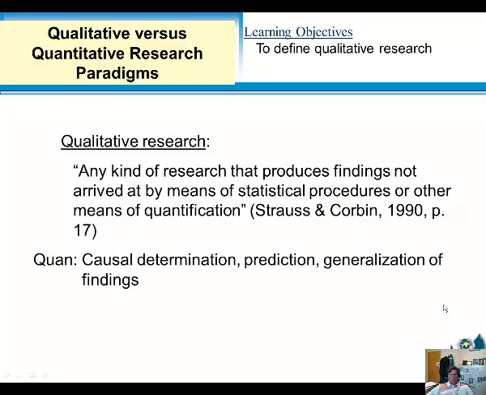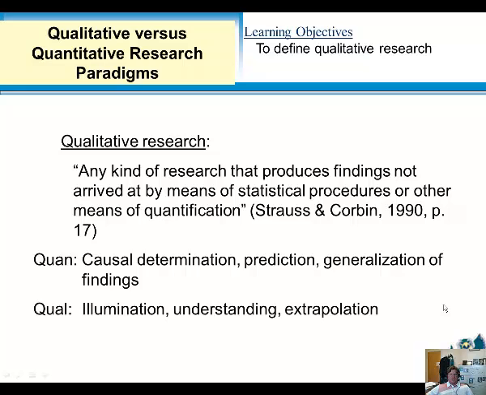So whereas quantitative research talks about causal determinations, predictions, generalizations of findings, in qualitative research we're talking about illumination, understanding, extrapolation, some of those key verbs.